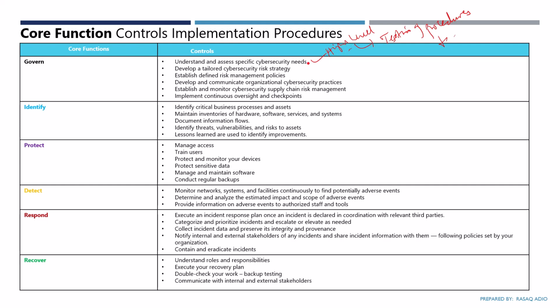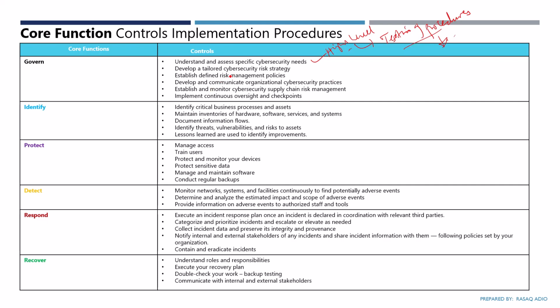These are the levels that have been defined on each of these categories, these core functions. For the testing procedures that need to be followed, you have to reference the documents. Like I've said, check the link that I've included in the description of this video for the Excel outputs of these controls and the reference controls that you have to check to be able to carry this out effectively.